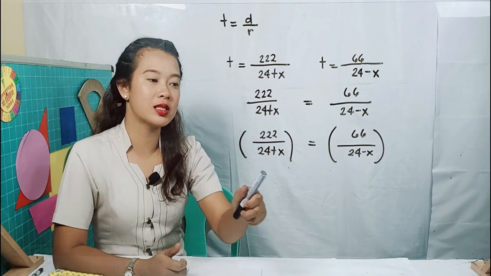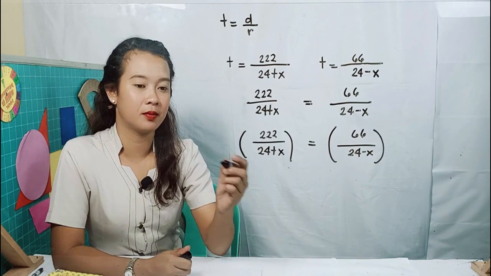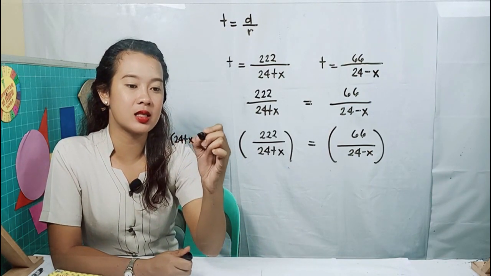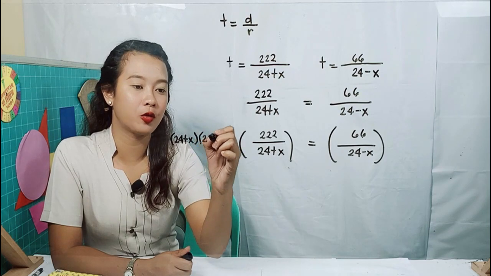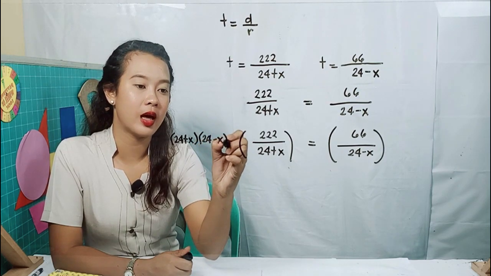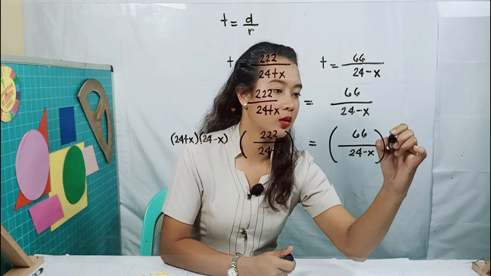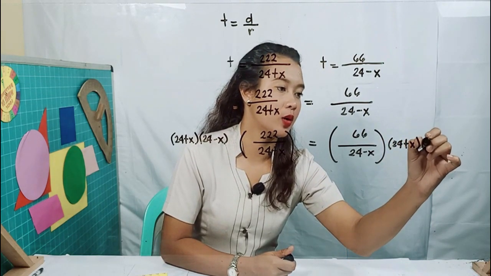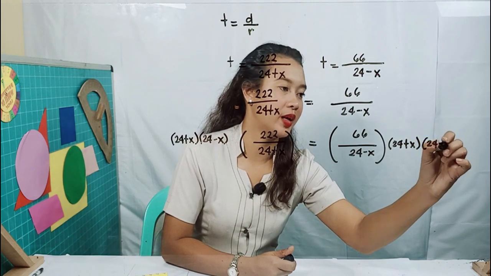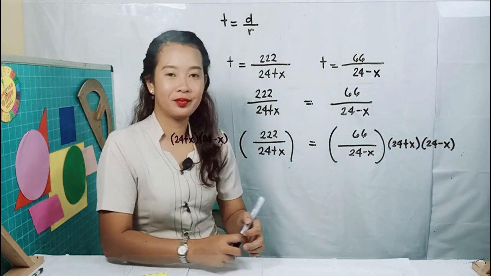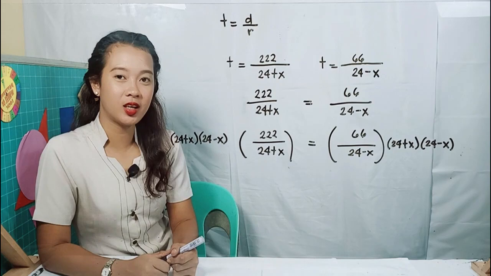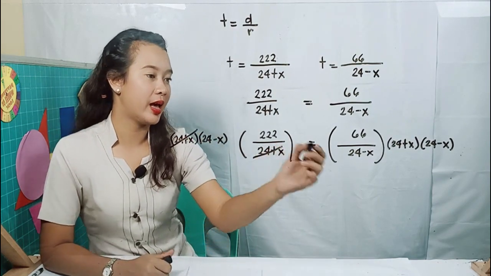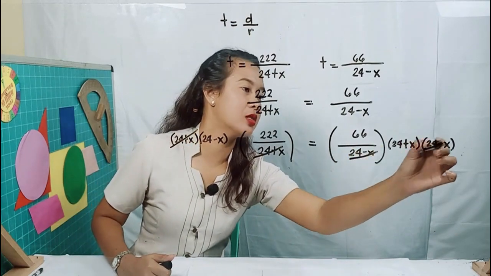Let's multiply both sides by the LCD, the quantity of 24 plus x times the quantity of 24 minus x. Now, let's cancel out the common factors, 24 plus x and 24 minus x.